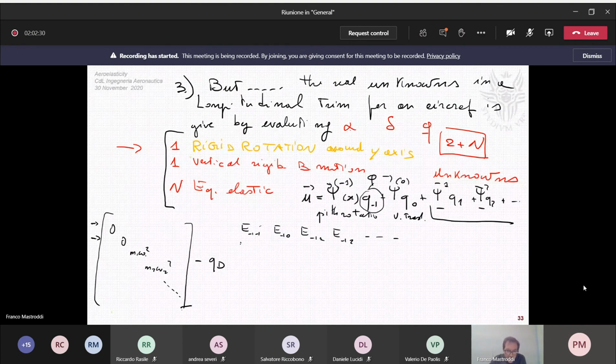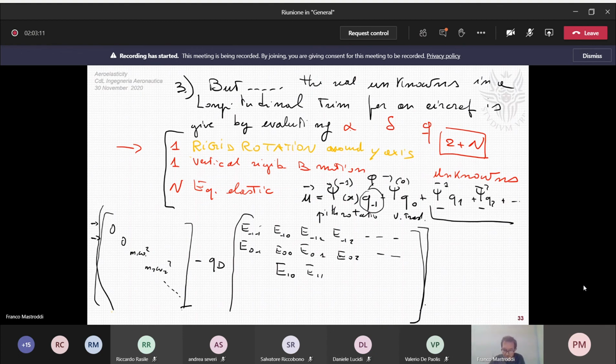And down here we have ER 0, -1, 0, 0, E0, 1, E0, 2, and so on. And vertically we have the other contribution. Like, for example, here we have E11, and here we have E10, and so on.